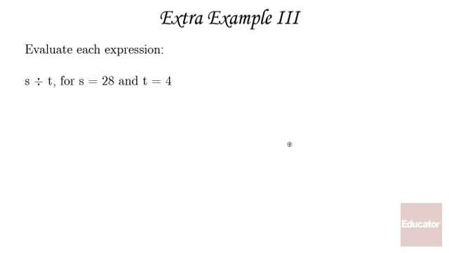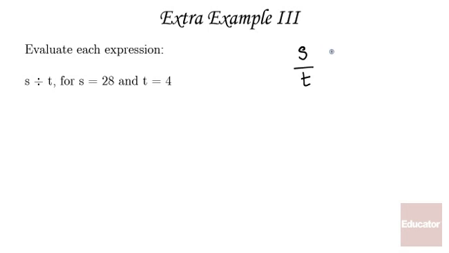The next example, I'm evaluating the expression s divided by t. S divided by t can also be written as a fraction, s over t. And they're telling me that s is 28 and t is 4.